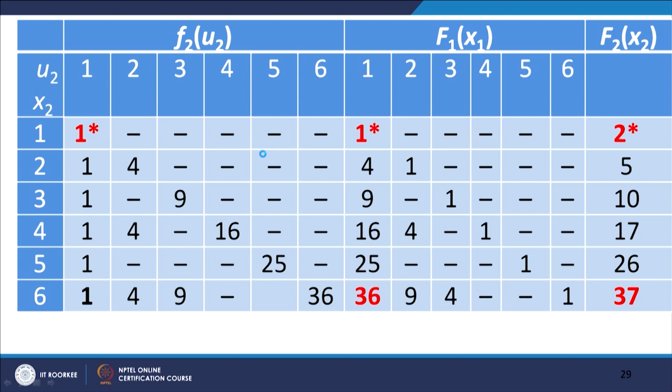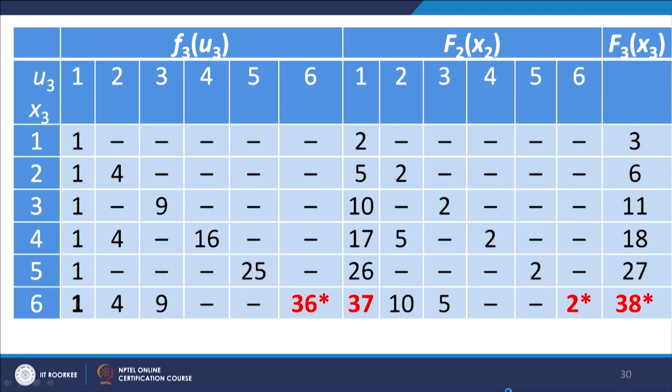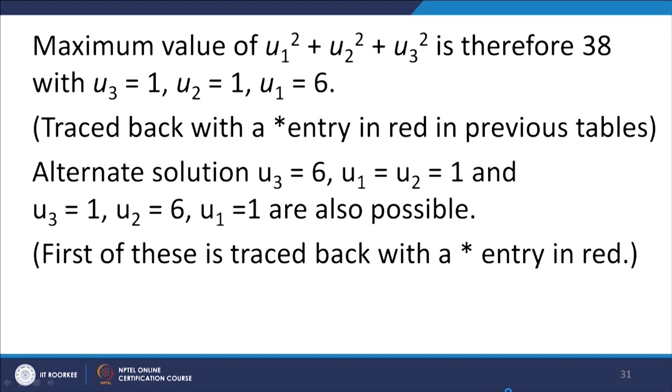So, here you can just verify these values that are shown in the table entries, and those which are not defined are shown with the help of the dashed line. In the second table we have the f3(u3) and the corresponding f2(u2) and the f2(x2).